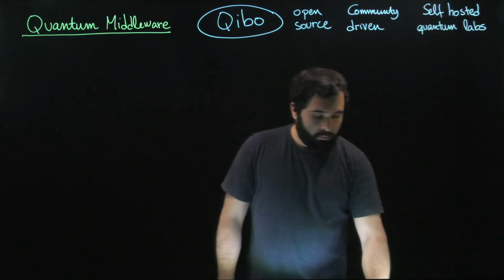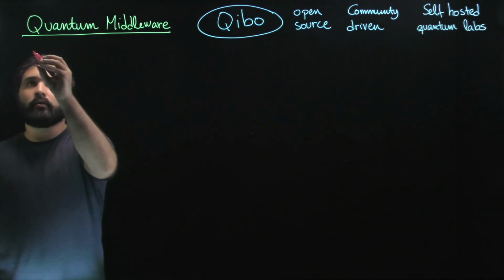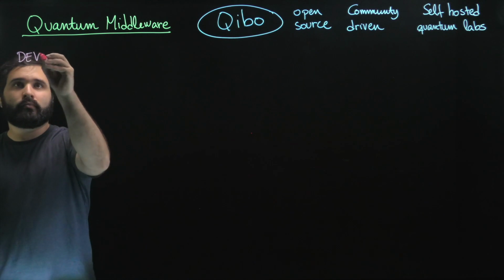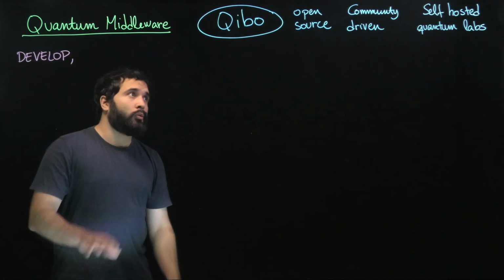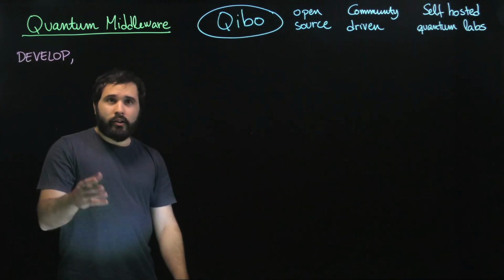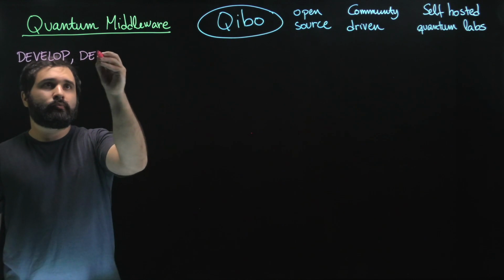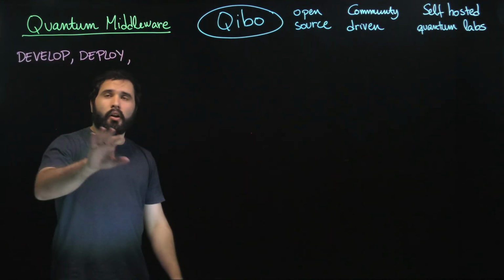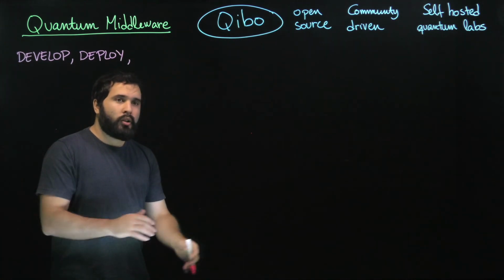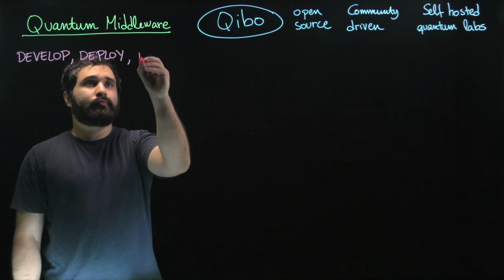This way, it is easy to develop quantum algorithms and protocols, then deploy them on both quantum hardware and state-of-the-art quantum simulation machines, and then distribute them through the community and the groups that are familiar with the Qibo environment.